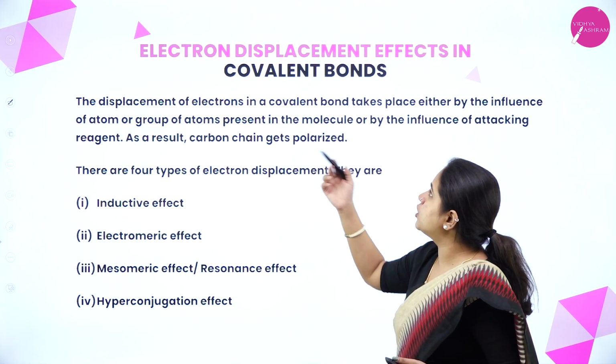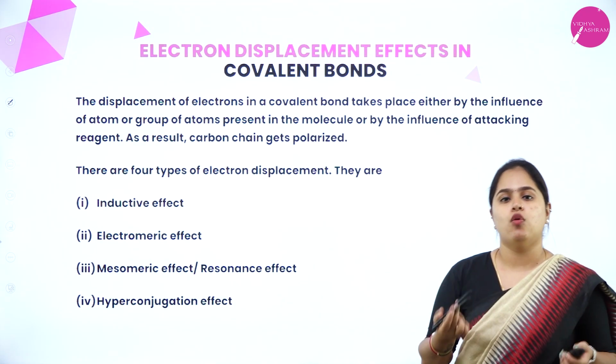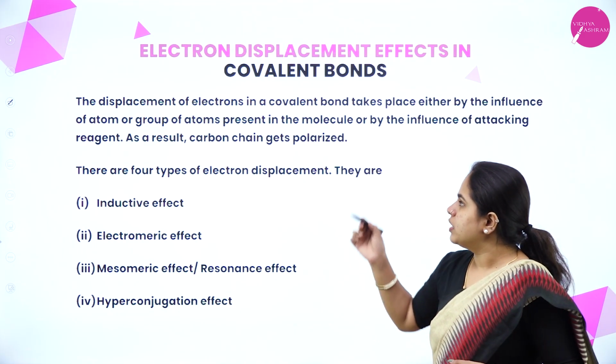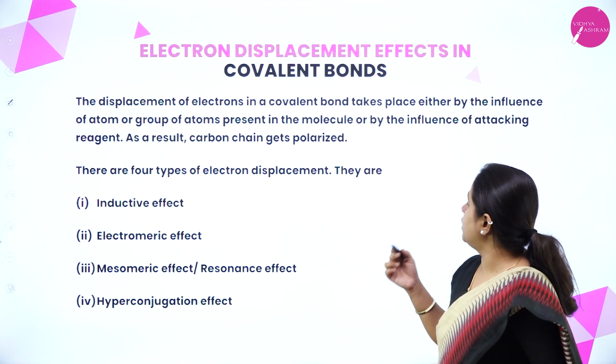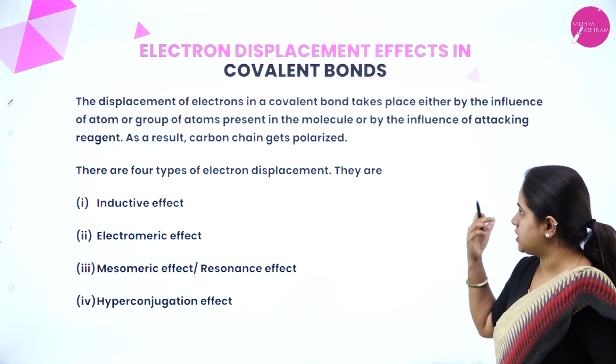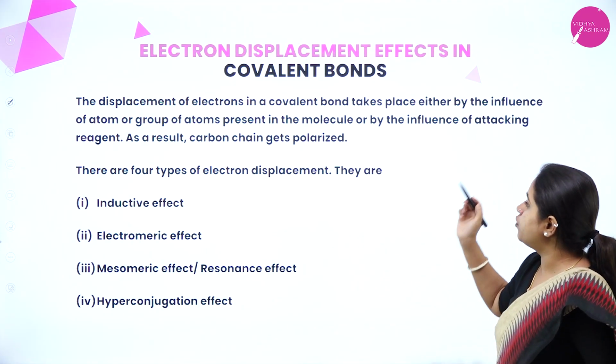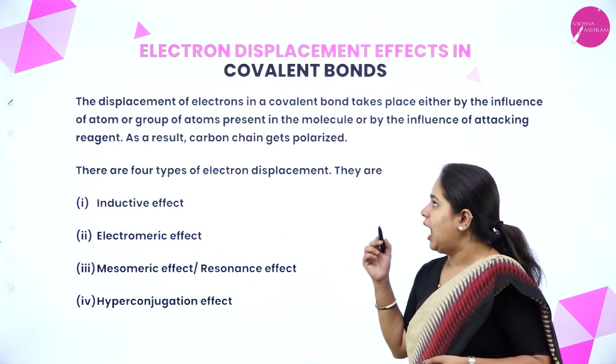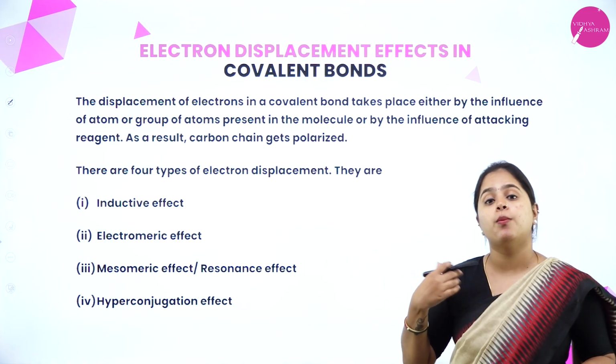Now moving on to the electron displacement effects in covalent bonds. The displacement of electrons in a covalent bond takes place either by the influence of atoms or groups of atoms present in the molecule, or by the influence of an attacking reagent. As a result, the carbon chain gets polarized.